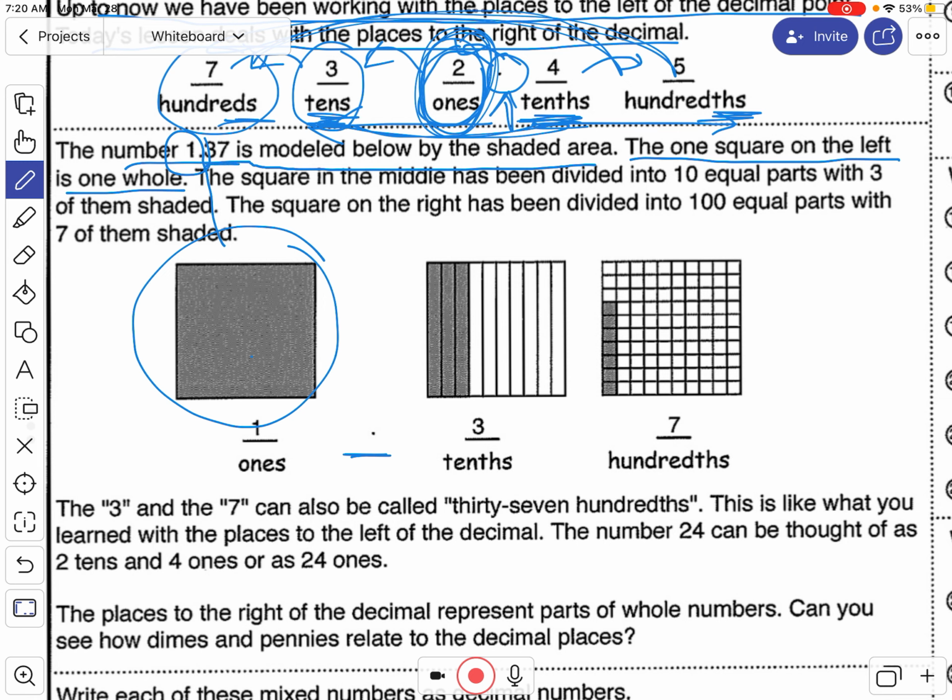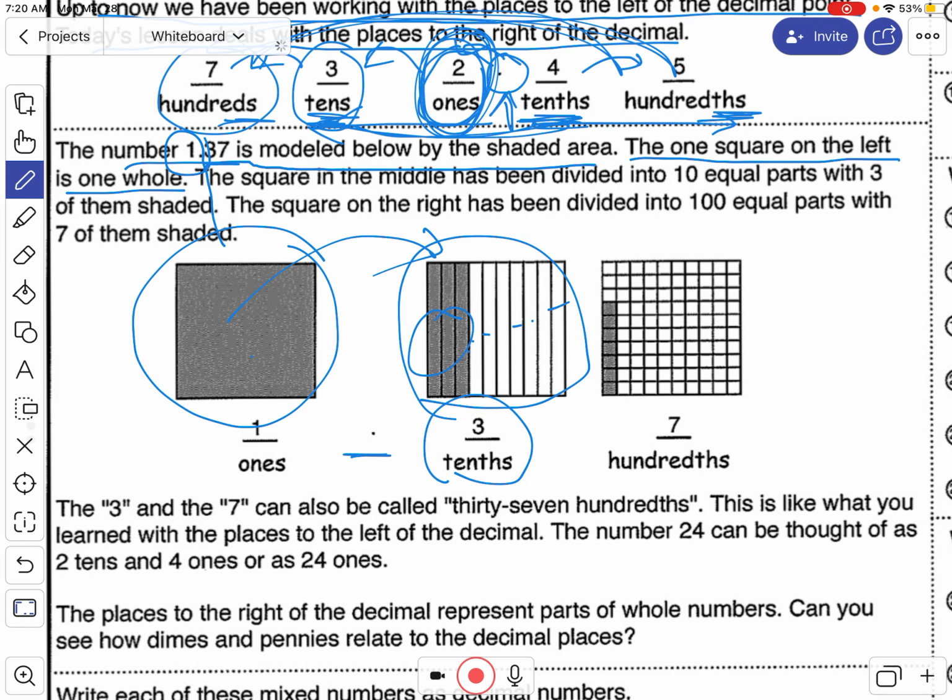And then 0.37, the 3 is in the tenths place, and that would look like this on a model. So this is 1 whole, just like that's 1 whole. It's divided up into 10 little parts, and 3 of the parts are shaded in. 3 out of 10, which is 3/10, all right?